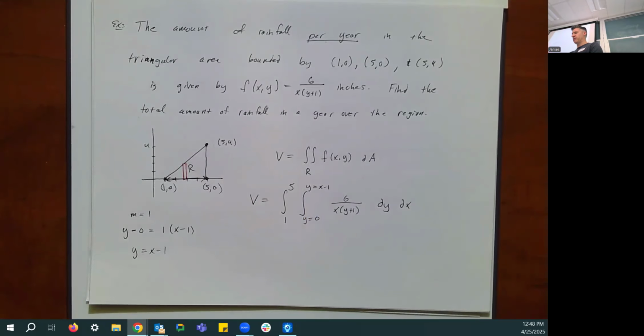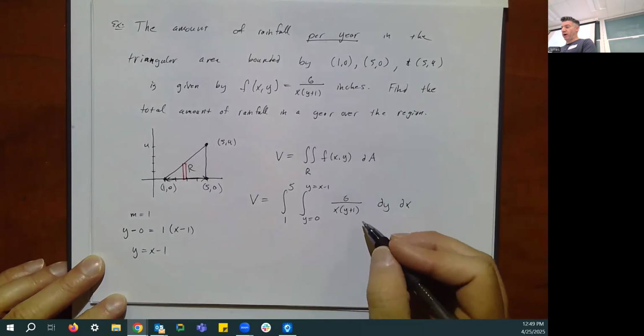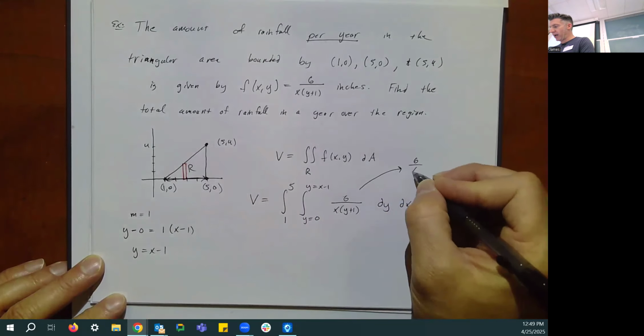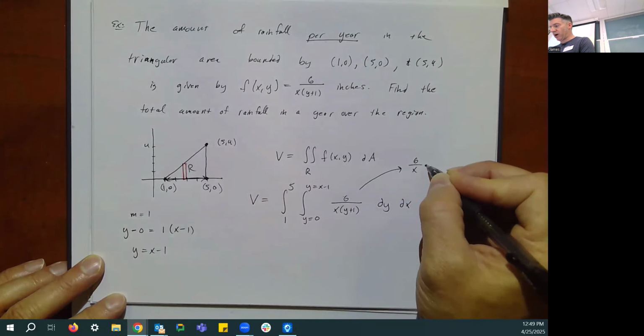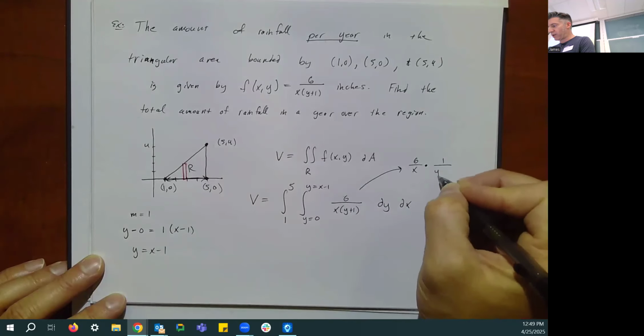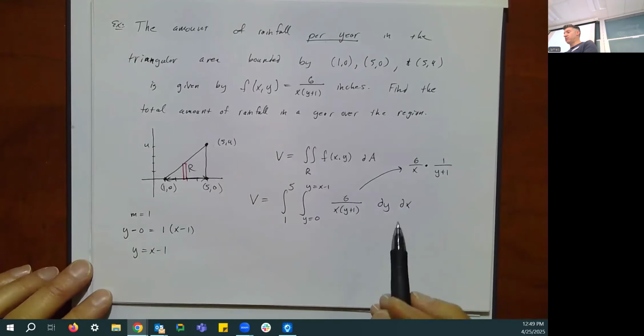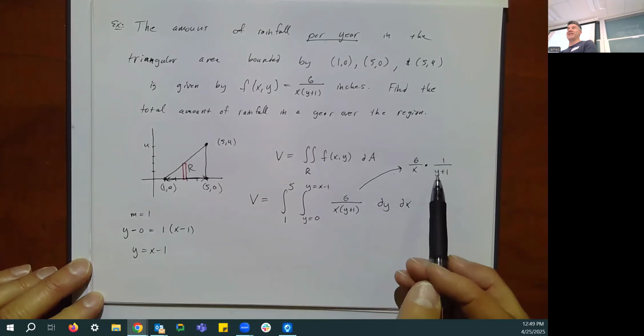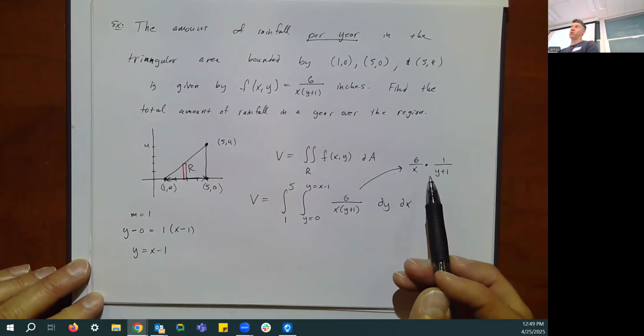Now we're going to integrate. If I'm integrating with respect to y first, I'm going to think of this as 6 over x, a constant multiple of 1 over y plus 1. That constant multiple is just going to hang around, and the integral of 1 over y plus 1 is the natural log of the absolute value of y plus 1.